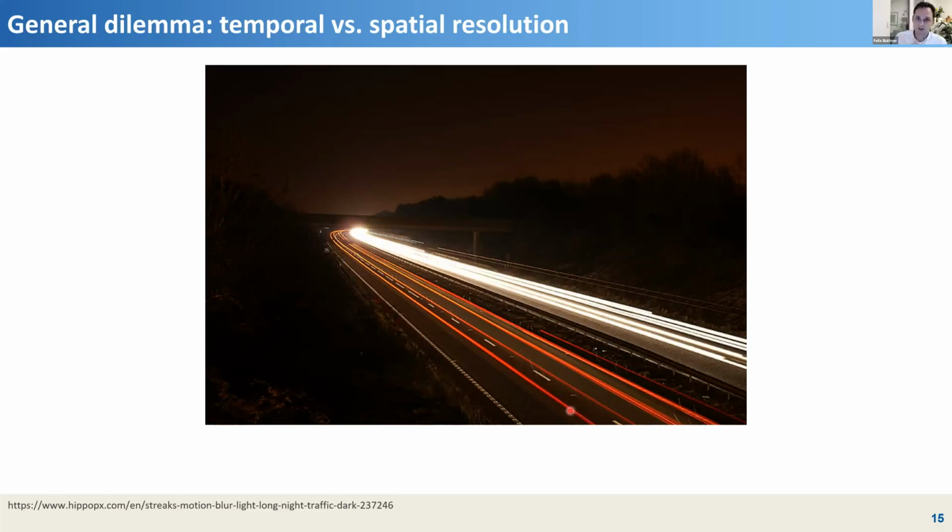Either you need to integrate for a long time, as shown in this picture, where you unfortunately lose temporal resolution to resolve the cars, or you go to a very low exposure time and then you just see a black image, you don't see any contrast anymore. So there's a fundamental dilemma between temporal resolution and contrast, or spatial resolution. In this case, we cannot resolve the individual cars. They're too fast and too dim.